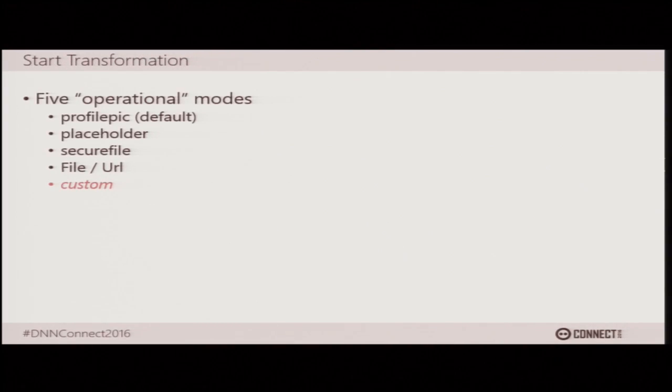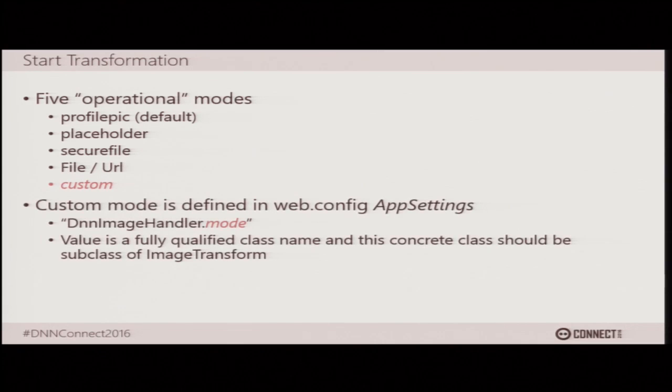For the start transformation, there are a couple of built-in methods. You can easily get the profile picture. There's a placeholder. I'll have an example of that later. You can load secure files, so by file ID. You can load the file by URL. There's a custom mode in the web config. I won't elaborate on that one.